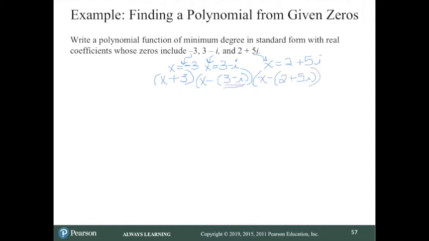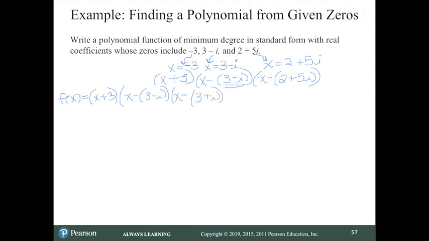However, we know that if I have a complex 0, I also have its conjugate, so we can write f of x equals x plus 3 times x minus 3 minus i, also the 0 of its conjugate. So this is still x minus, but instead of 3 minus i, it's 3 plus i.